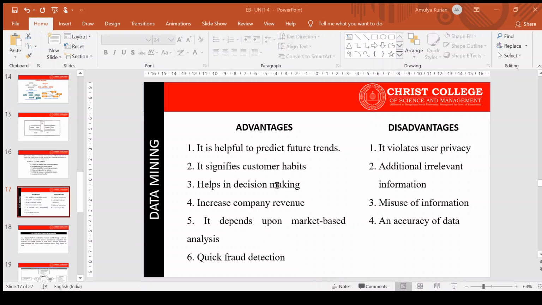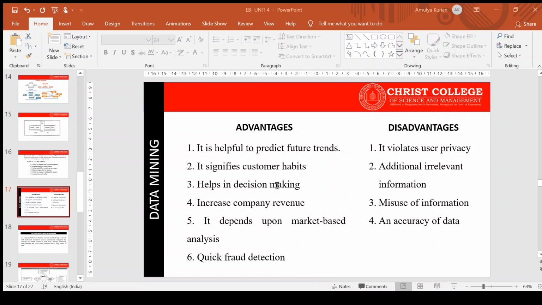Basically, data mining is a system in which all the information has been gathered on the basis of the market information, and in the current scenario in any marketing, the customers play a crucial role in making a company come up with good decisions. So it depends on the market-based analysis. Since it is purely based on the market, it gives much more input to the company, so the management can take effective measures.